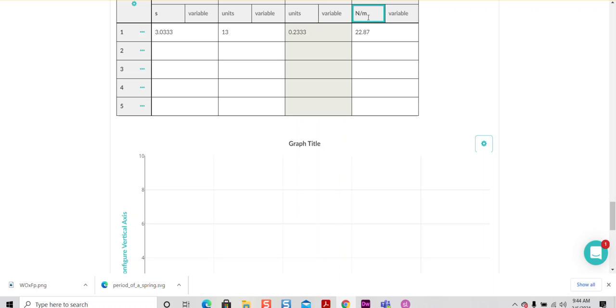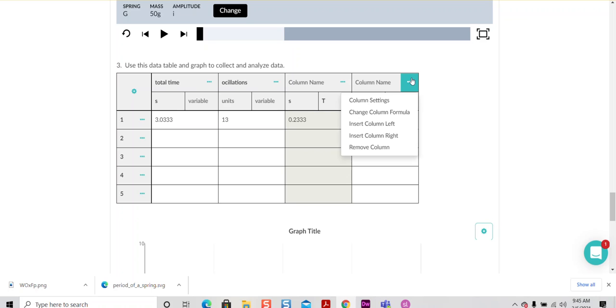Okay, and the variable is A. The variable for period is seconds. The unit is seconds, and the variable is T. When you get ready to make new columns, you just click on the 3 dots, and you just say add a column to the right.